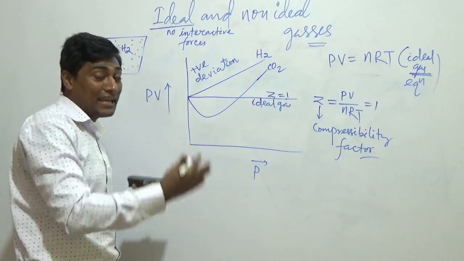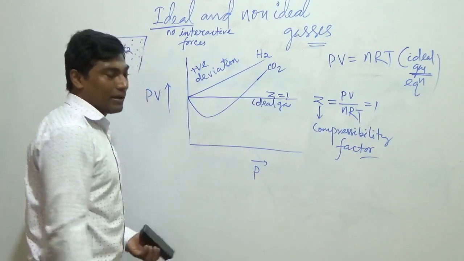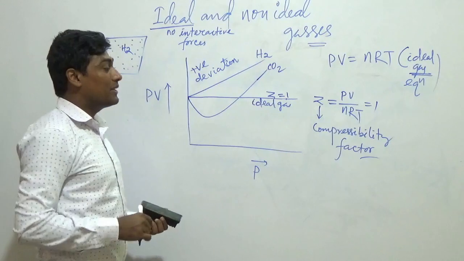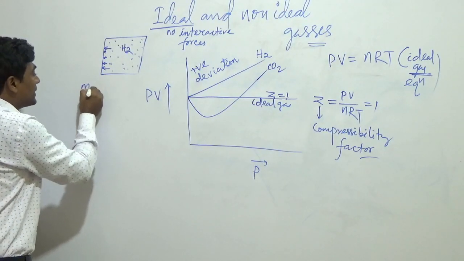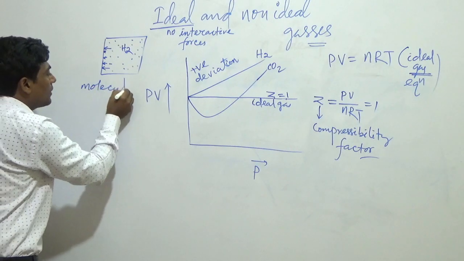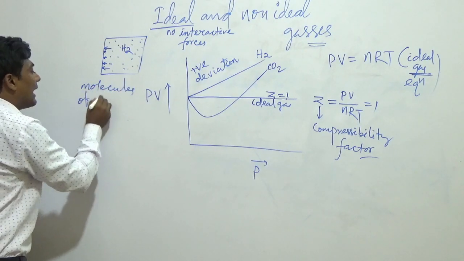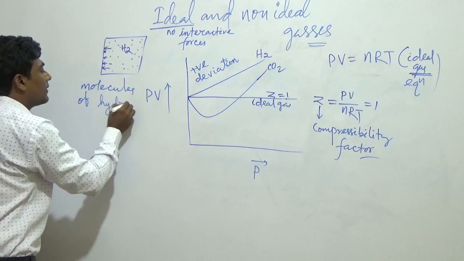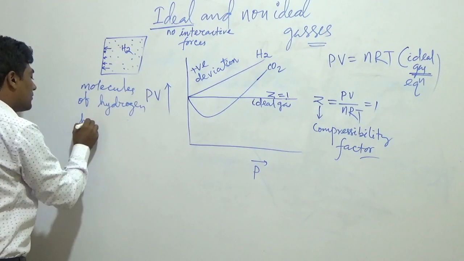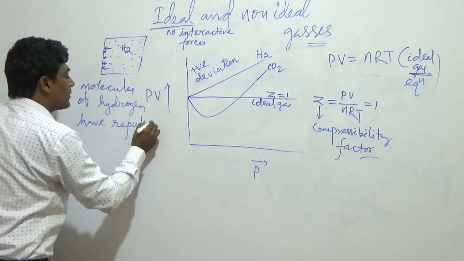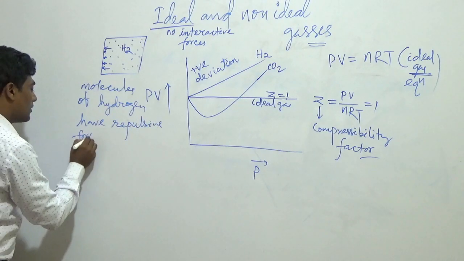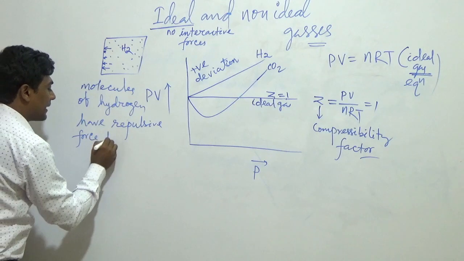Since it is striking the wall with a greater force, higher is the force, higher will be the pressure. So molecules of hydrogen have a repulsive force between them.